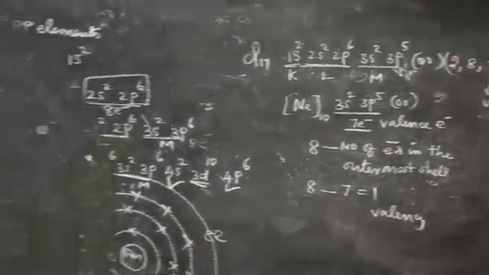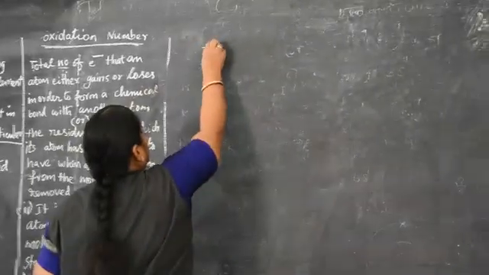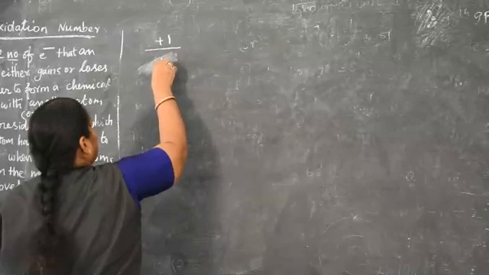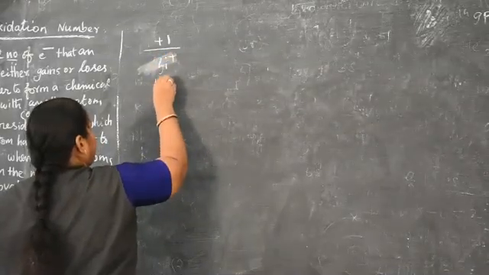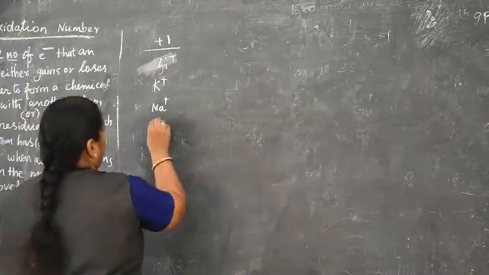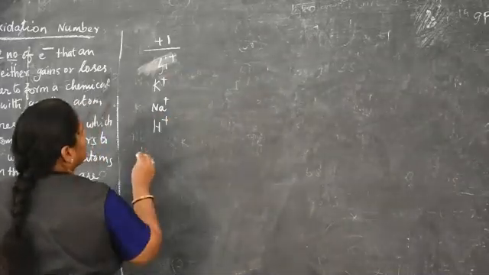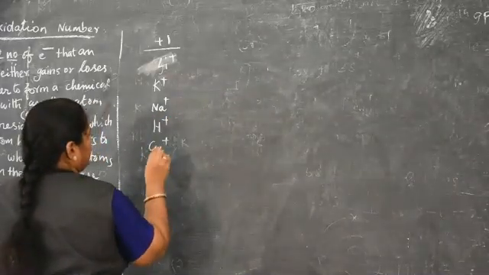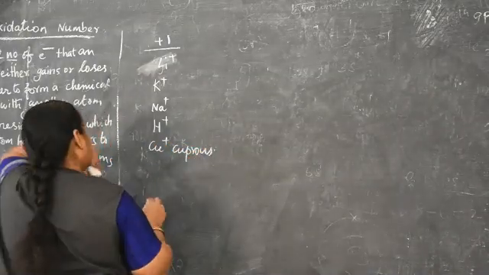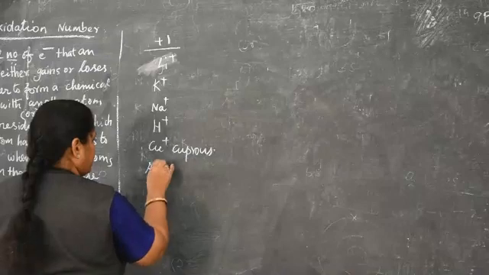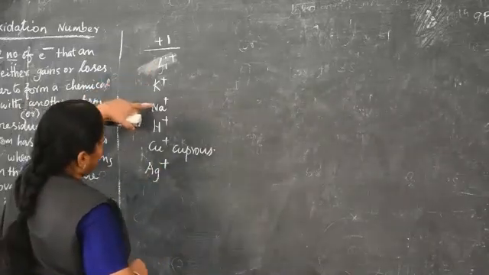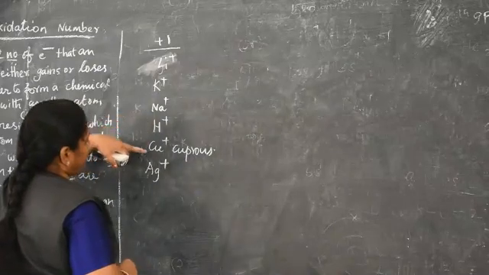Valency +1: Ag plus, Li plus, K plus, Na plus, H plus, Cu plus.